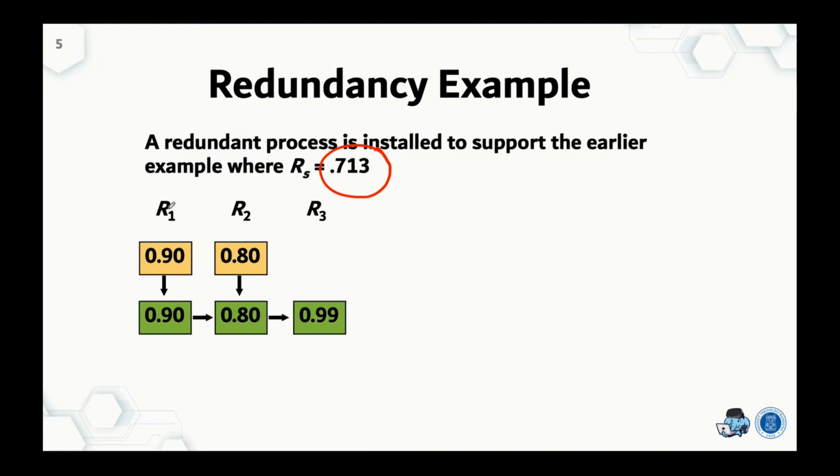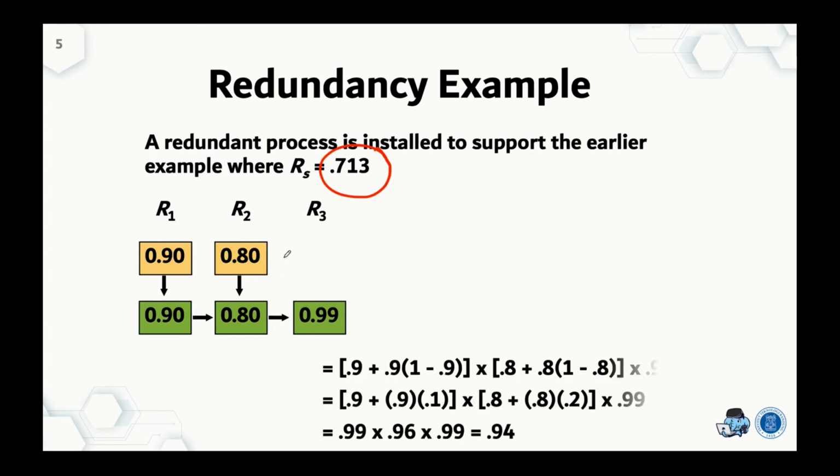We provide the redundancy, a second component, as a backup for component number 1 with reliability 0.9 and component number 2 with reliability 0.8. And what is the result for the reliability of the system? When we calculate this, the reliability is increased, becoming 0.94 from 0.713. It's quite a lot of increase.